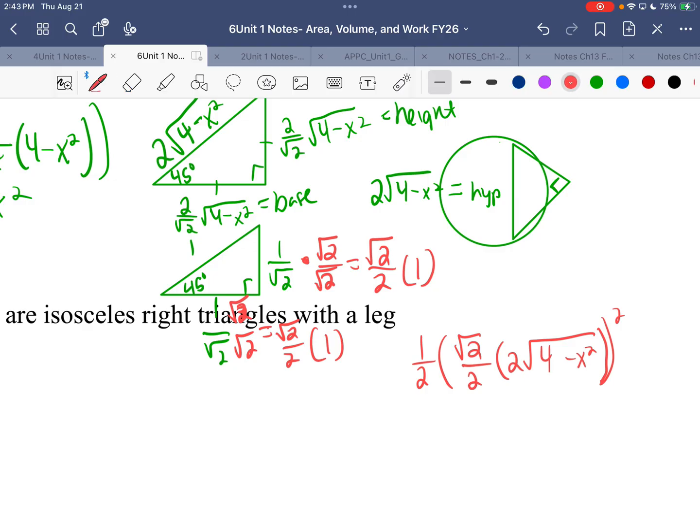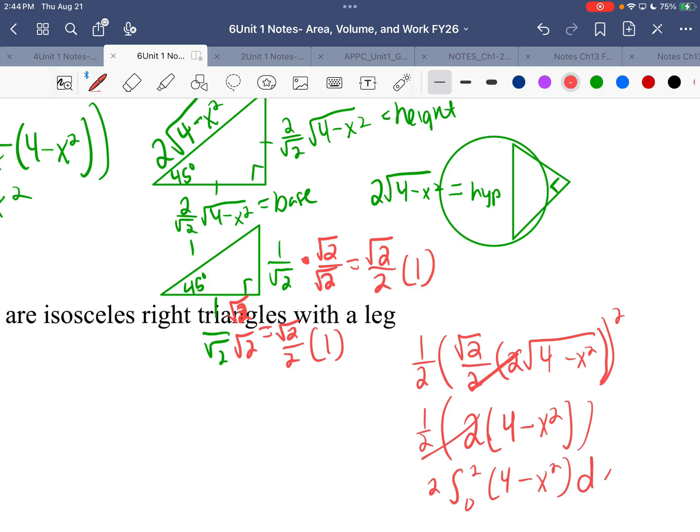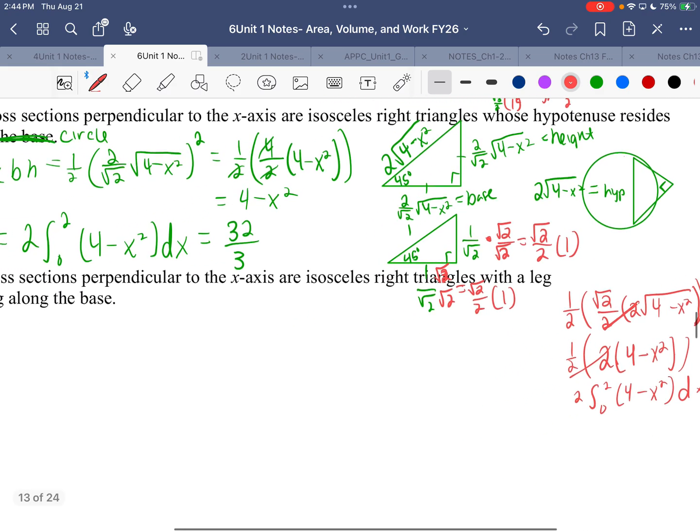It still would have simplified to be the same thing, because these could simplify and you would have 2 times 4 minus x squared. And then those simplify, and now we're integrating 0 to 2, which is what we had on the left as well.